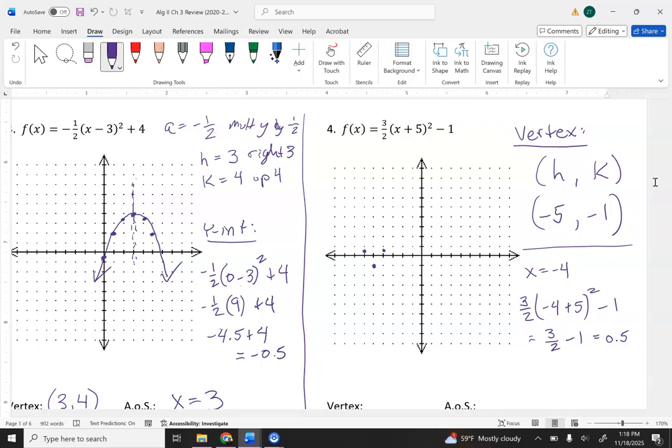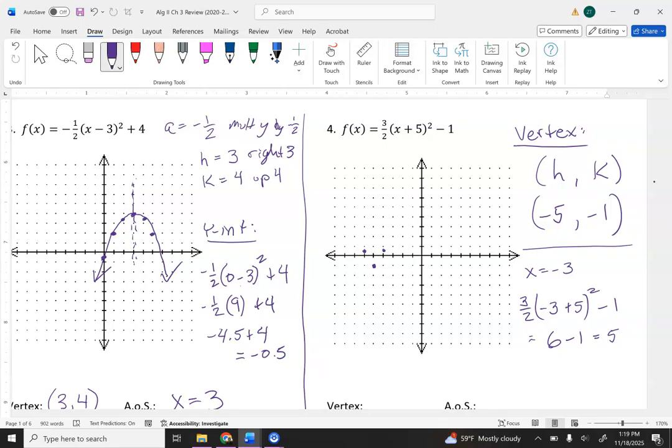And then we can always plug in another one. We can do the next value over. So let's do x equals -3. Plug in -3. -3 + 5 is 2. 2 squared is 4. 4 times 3/2 would be 6. And 6 minus 1 would be 5. Once again, you can do this all on your calculator if you want to.